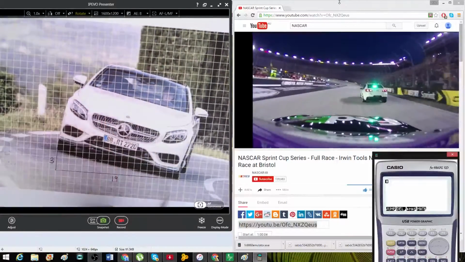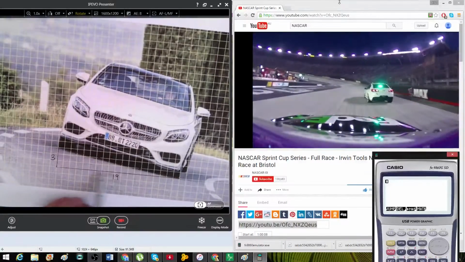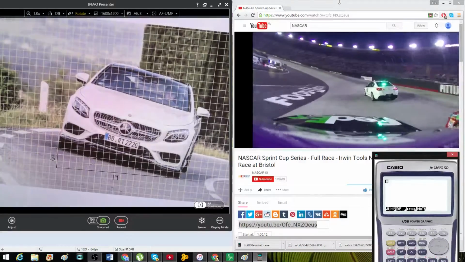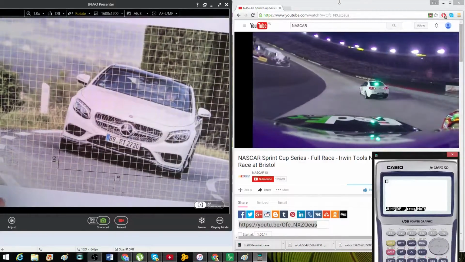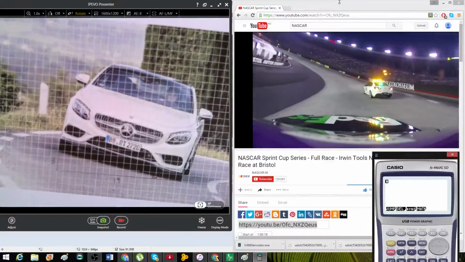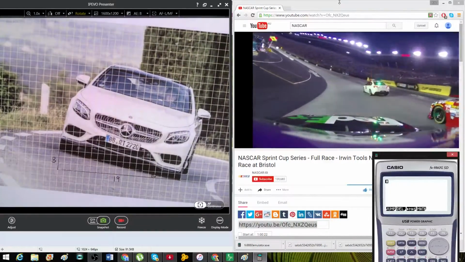Let's double check that: 2, 4, 6, 8, 10, 12, 14, 16, 18, 19, yeah. So our banking angle would fit in here, and we can get a pretty decent estimate of what that angle might be.